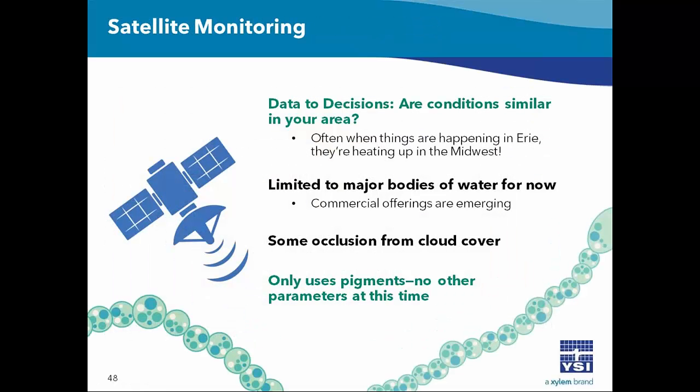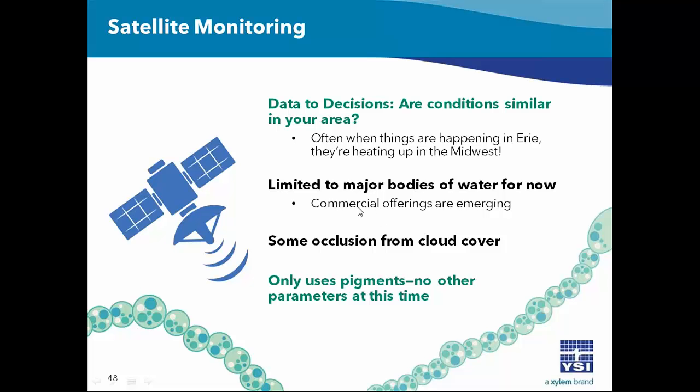So in terms of using those data to make decisions, most of us aren't on Lake Erie or not necessarily in the Gulf, and we're on a lake where we don't have satellite data. However, it's very useful to monitor what's going on in your region because it might be indicative of what could happen where you are. And these technologies, as far as public availability, are limited to major bodies of water.